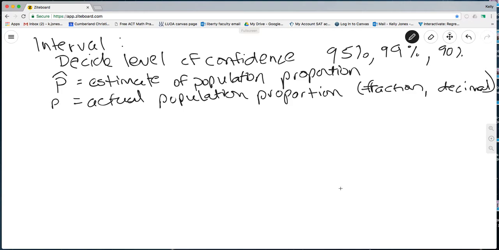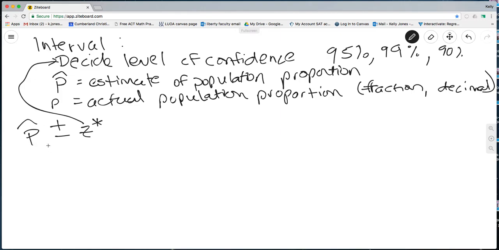Okay, so our confidence interval formula, we do p-hat. So you have to first of all get a proportion of some kind. You have to know how many people were in favor of something over how many people were asked. And we do plus or minus the z-star value, which remember comes from the confidence level and the table.